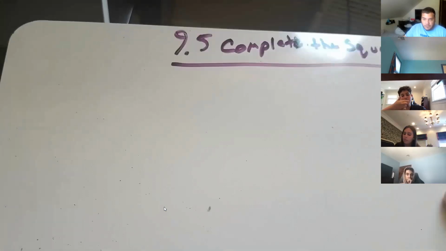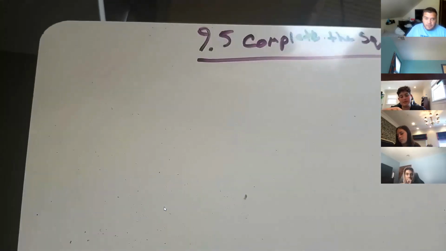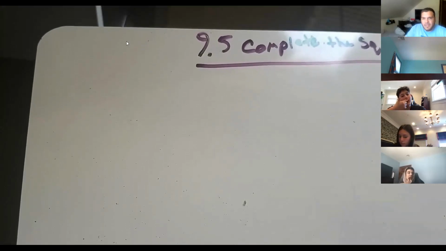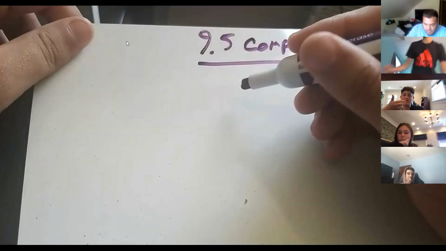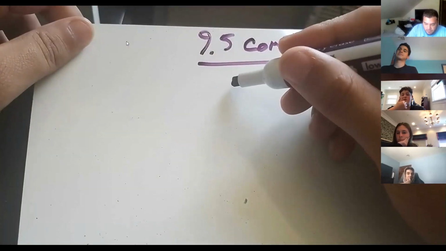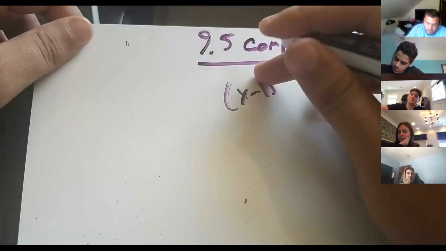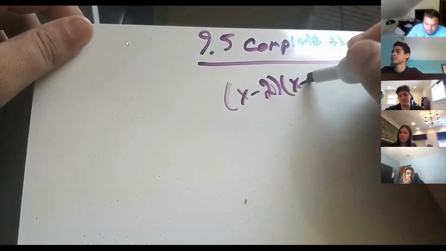All right. So first, before I even talk about completing the square, let's talk about what that involves, what that means, or what we are basing this whole idea on. If you remember, we had special cases. We had a special case like this, x minus 2 and x plus 2.